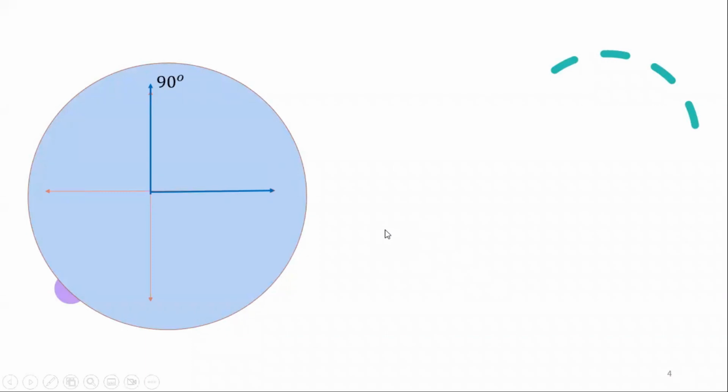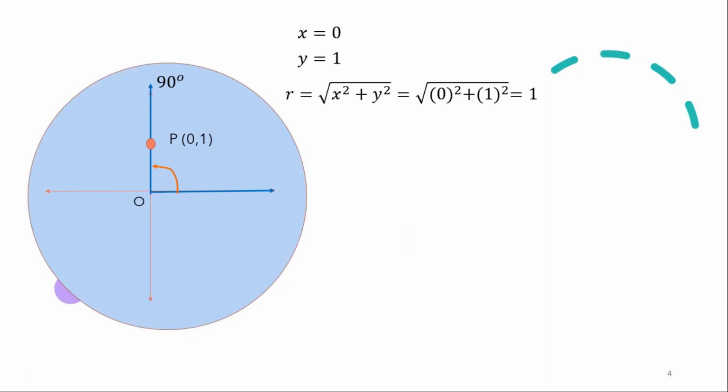Now let's have the 90-degree angle, and let us consider a point P on the terminal side of the angle, where point P is (0, 1). So x is 0, y is 1, thus r is equivalent to 1. Sine of 90 degrees, y over r, is 1.